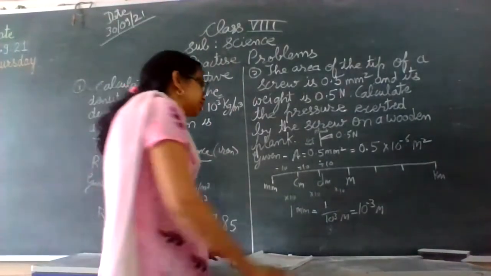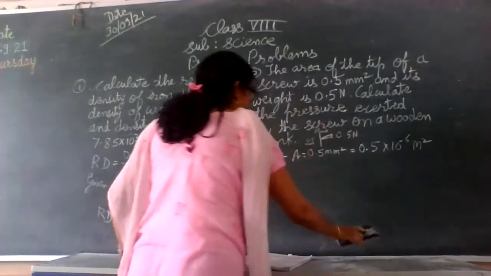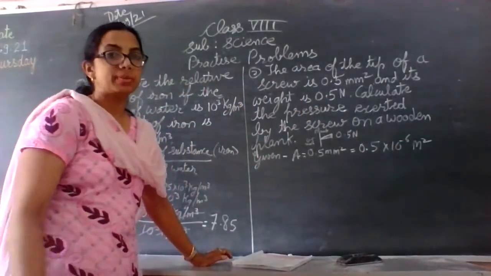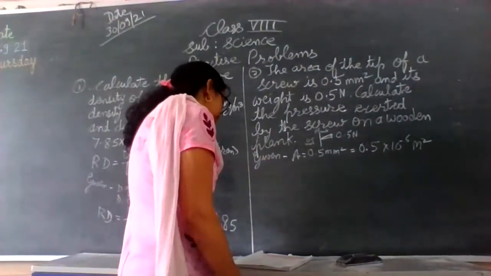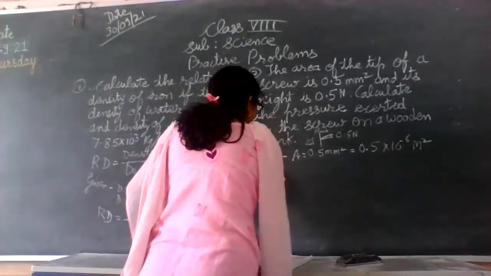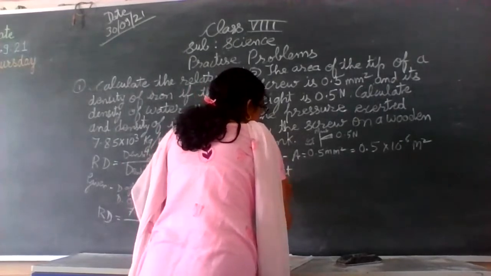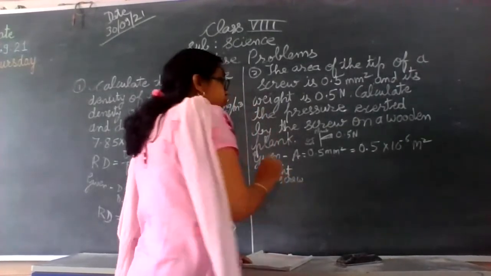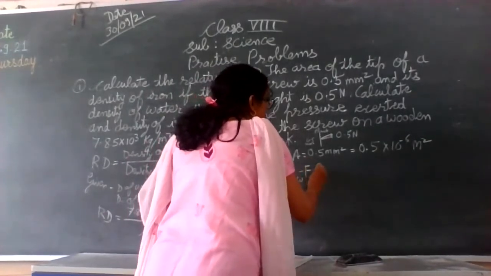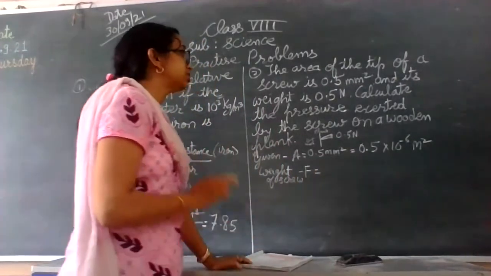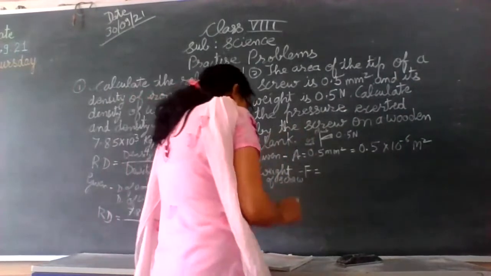Okay, I hope you remember these conversions that you studied in your smaller classes. Still, one time I explain it to you. Then the next thing given is the weight of the screw. Weight of the screw is only the force it is applying, the force applied by the nail, the screw, into the plank.